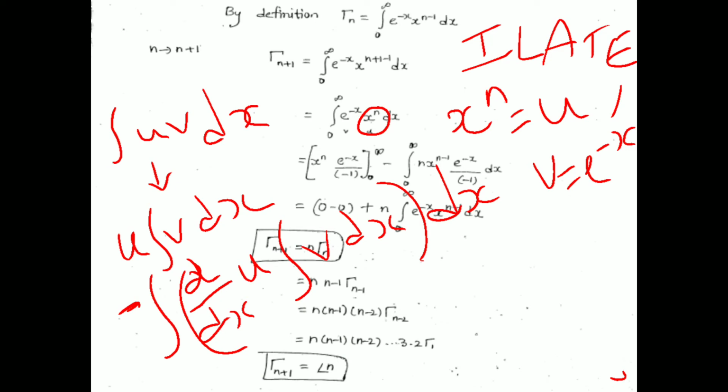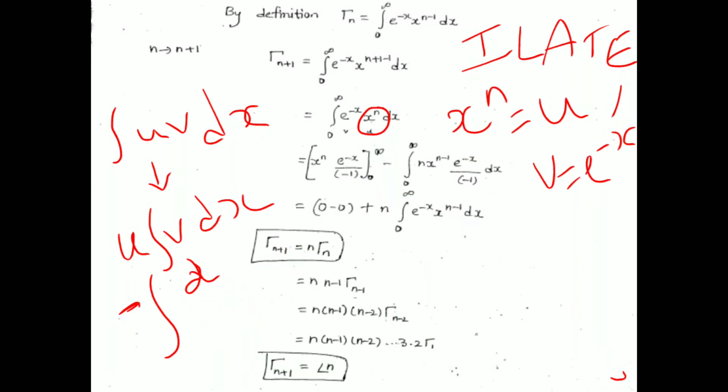So first we differentiate the u term, and integrate v dx, and the result has to be integrated again. So this is the formula, and we need to apply it here.